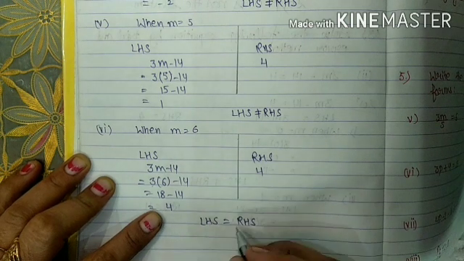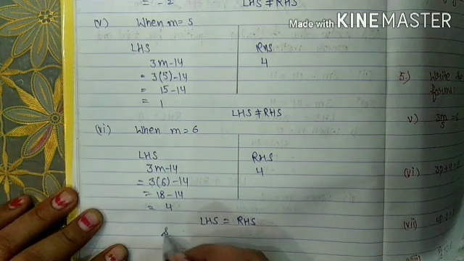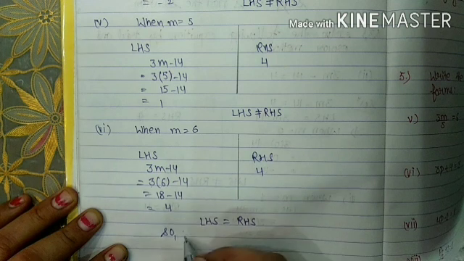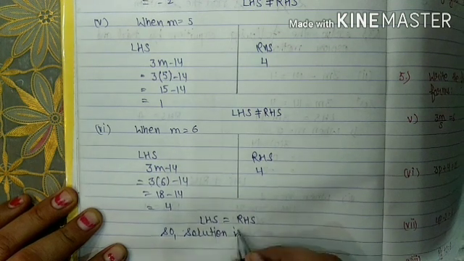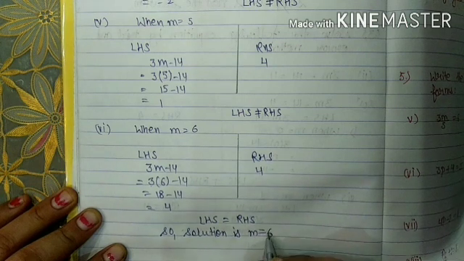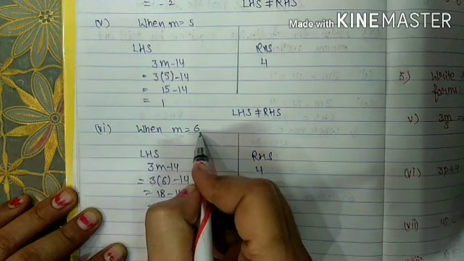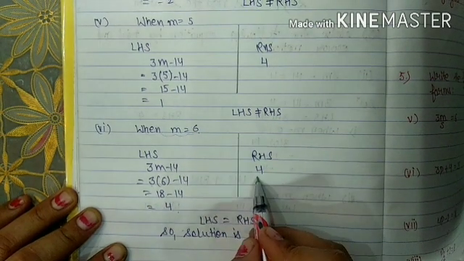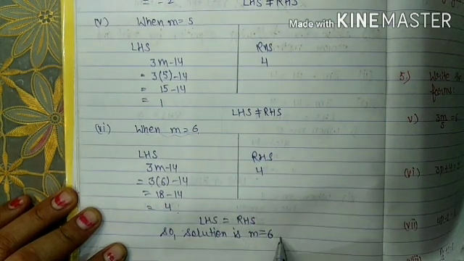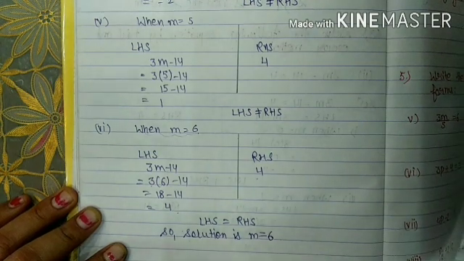So the solution is m equals 6. Which value you are putting was 6 and getting both sides equal. So the solution is m equals 6.